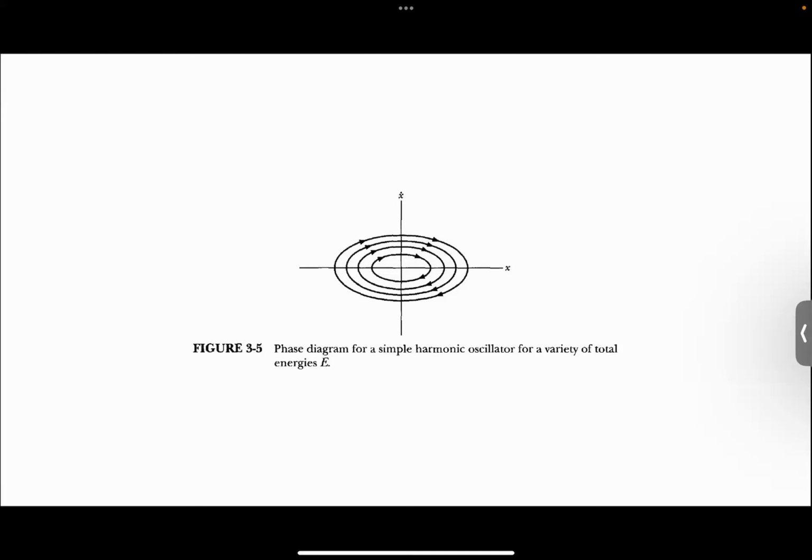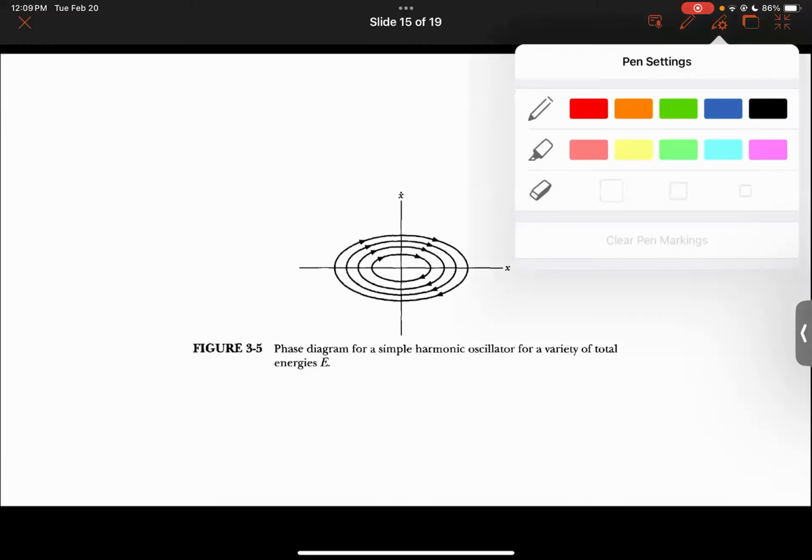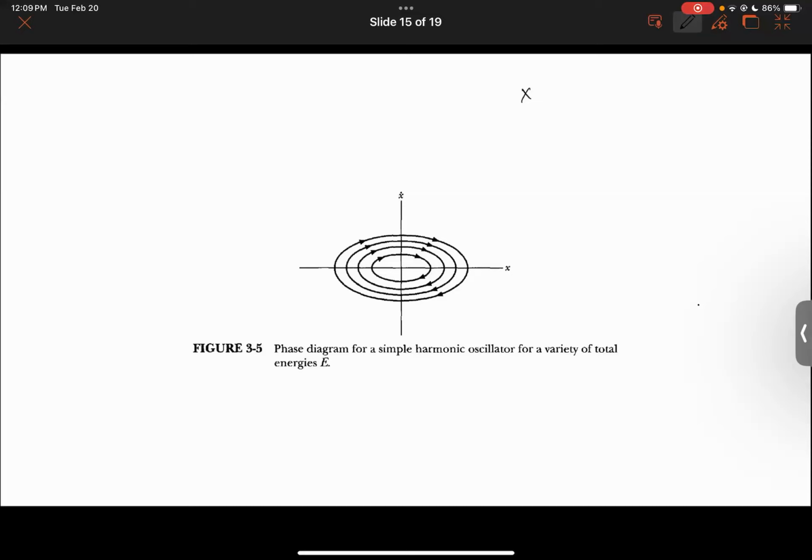The inner ones are the smaller energies, and the outer ones are the higher energies. This is the graph of x squared over 2E over k plus x dot squared over 2E over m equals 1. It's not necessarily a circle because m and k are different.